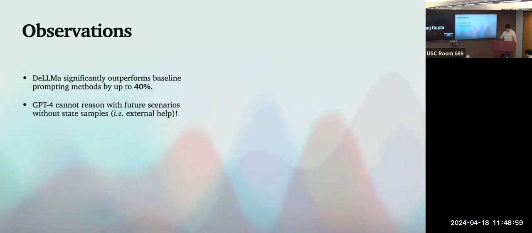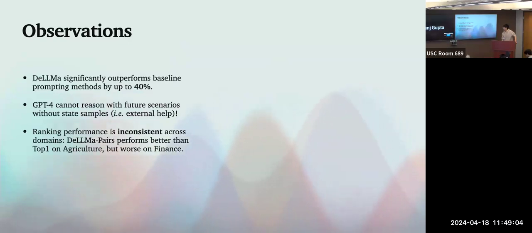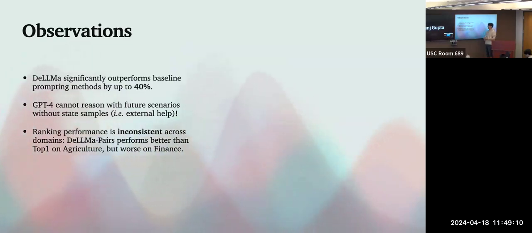So the baseline observations, performance is kind of good, and a key takeaway, the thing we're more interested in, is that GPT-4 cannot reason with future scenarios without these state samples. Meaning that if you just give it a distribution of the potential future, it cannot say, okay, let's first think about sunny and no supply chain disruption, and then think about another scenario, and then do this kind of grounded utility elicitation without this kind of external Python program augmentation.